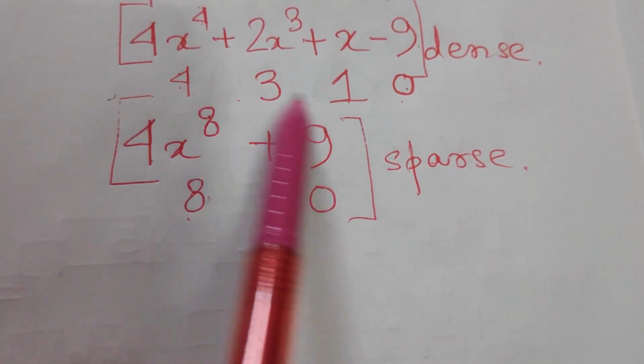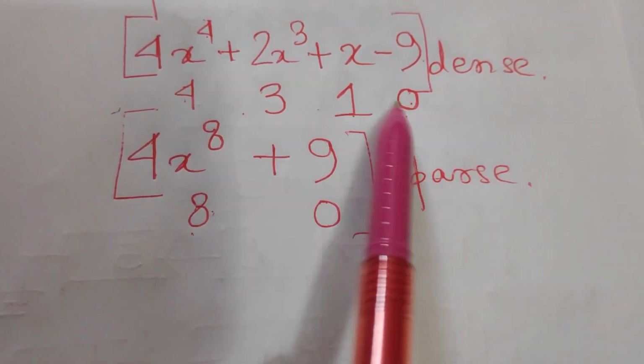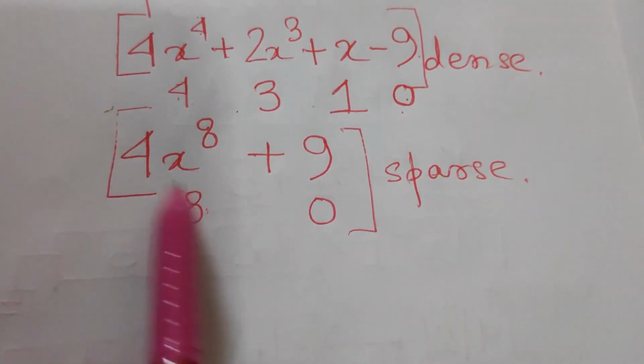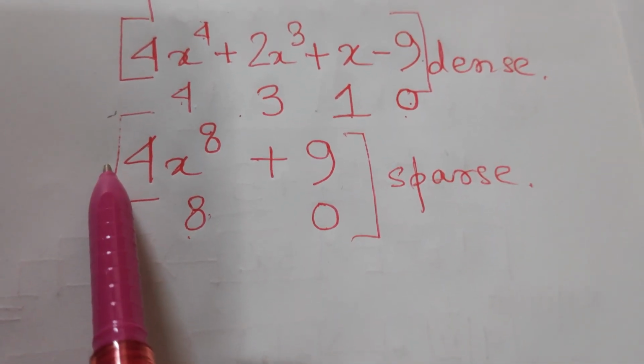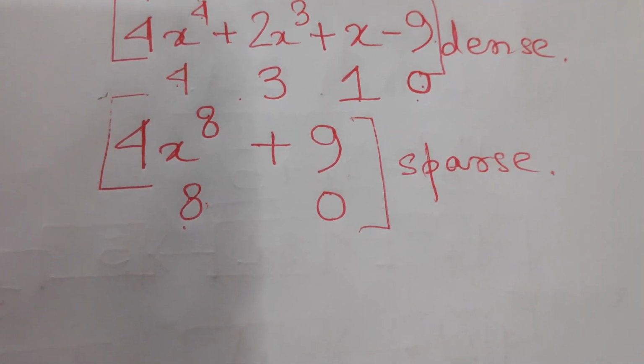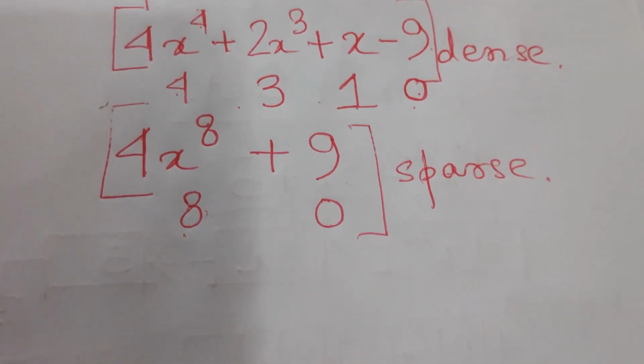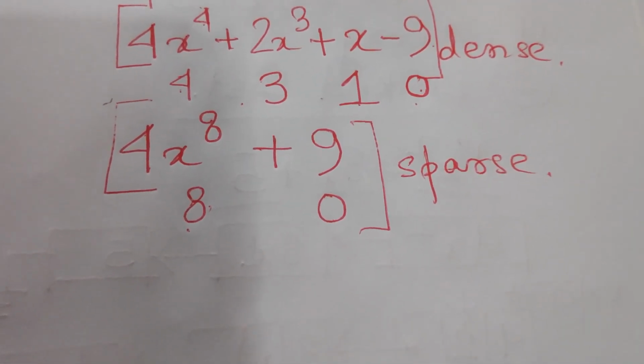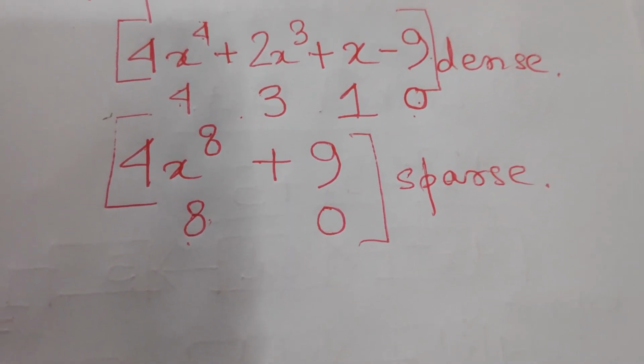So if there are 4 terms over here, we will require 4 nodes. There are 2 terms over here, we will require 2 nodes. So dense or sparse polynomial actually does not matter if you are using a linked list to represent it.